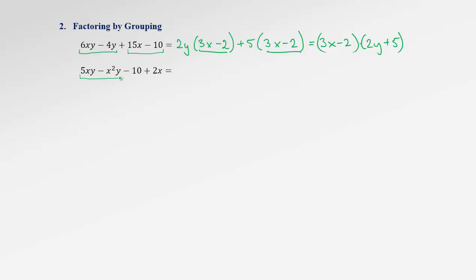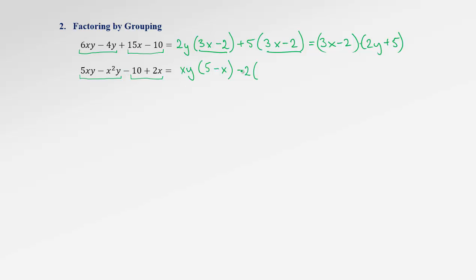Okay, another example. Again, let's try to group 2 by 2 and see what will happen. From the first two terms, let's take xy, that's a common factor. What's left is 5 minus x. And from the last two terms, we can pull 2, but with a negative sign, because we would like to keep the bracket starting with positive 5.